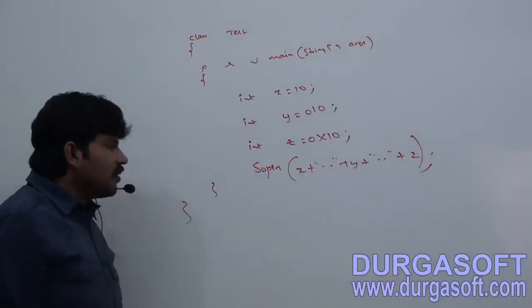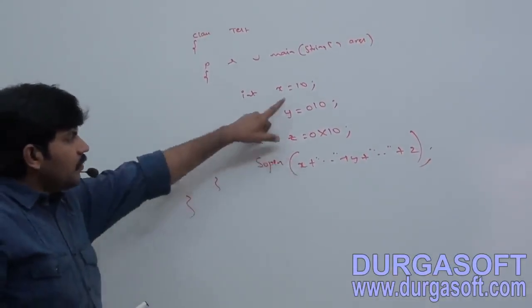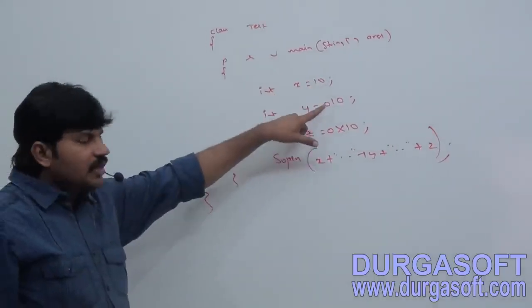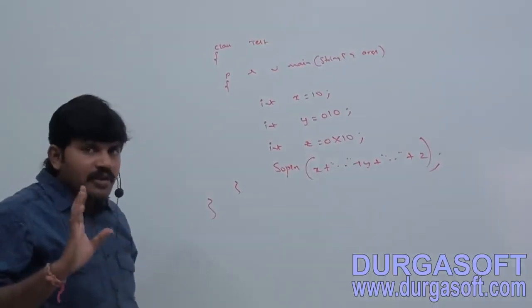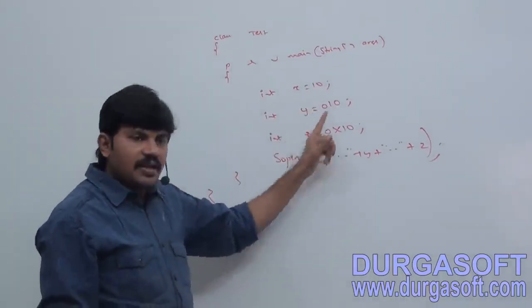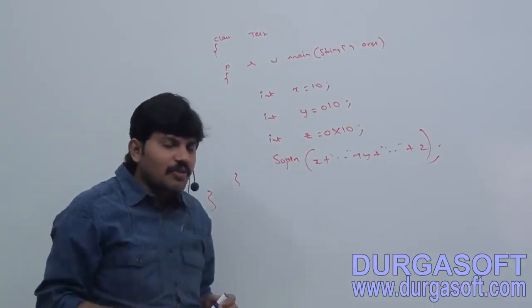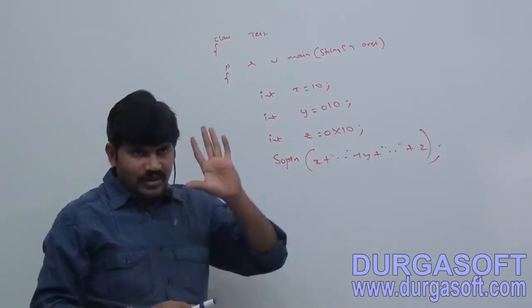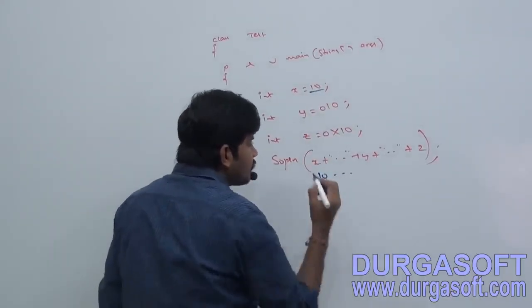Sir, can you tell what output we are going to get by default? Here 10, but here 010, but here 0x10. The programmer has the choice to specify either in decimal or octal or hexadecimal. But while printing, the JVM is always going to print in decimal form only. Remember this one. 10 is decimal, that's why 10 only.